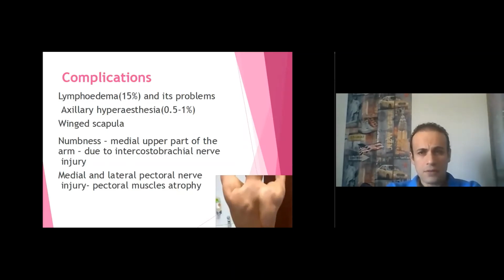Here we see a winged scapula situation, and it occurs through injury to the intercostobrachial nerve or the medial and lateral pectoral nerve. It can also cause pectoral muscle atrophy.